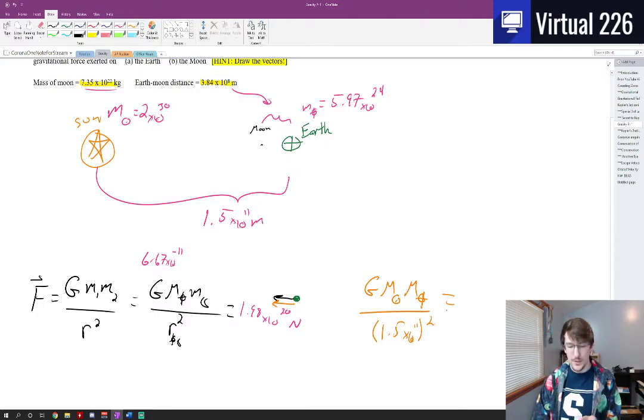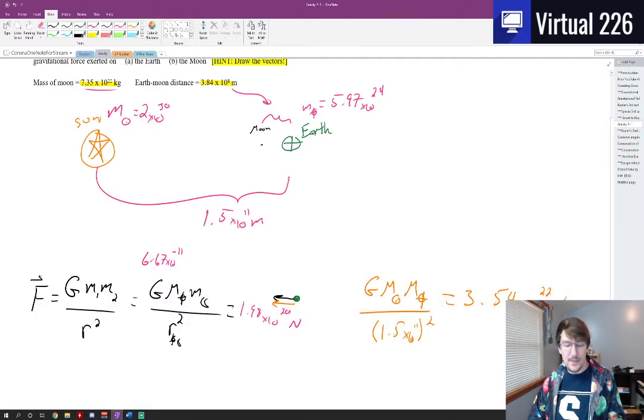I just run this number back through. 6.67 times 10 to the negative 11th times 2 times 10 to the 30th gives me about 1.3 times 10 to the 20th, times 5.97 times 10 to the 24th. We've got 7.96 times 10 to the 34th divided by 1.5 times 10 to the 11th, squared, and I get 3.54 times 10 to the 22nd newtons.